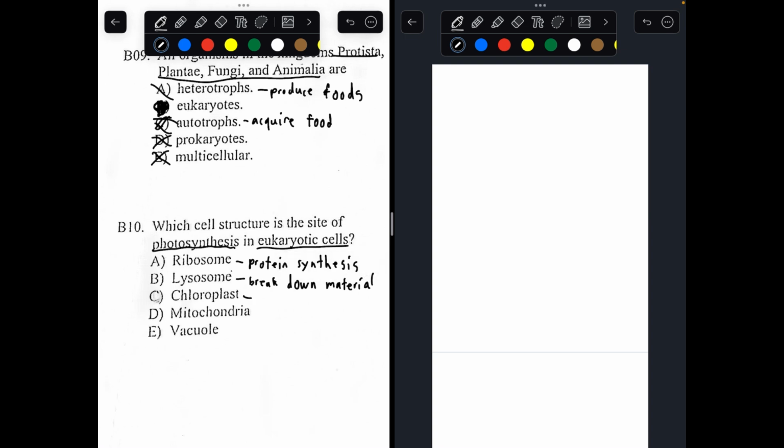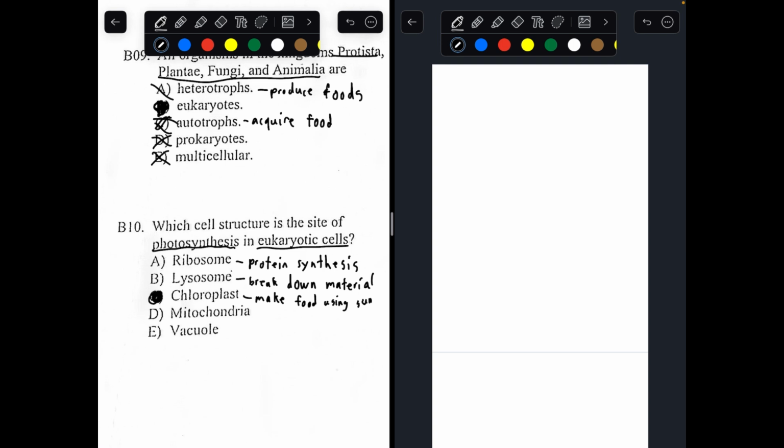Chloroplast's job is to make sugars using sunlight to make food. So you can stop right here at chloroplast, because photosynthesis is literally making sugar, making food using sunlight, water, and carbon dioxide. So the answer to number 10 would be C.